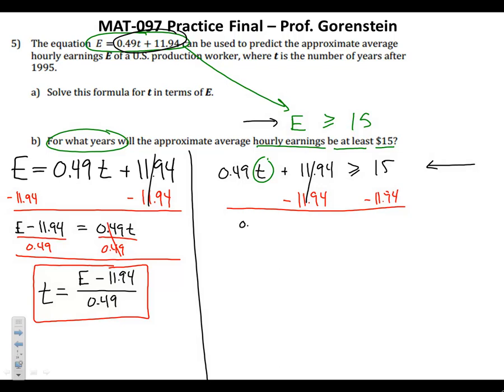So we'll have 0.49 T is greater than or equal to 6.24.